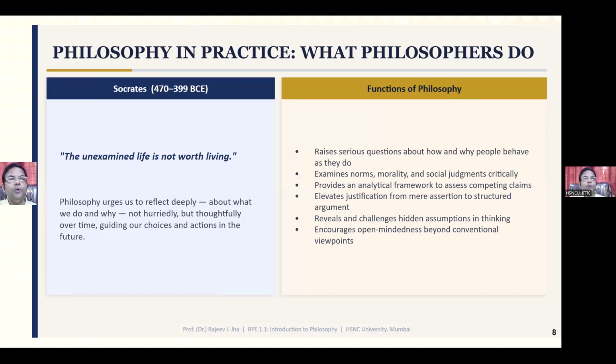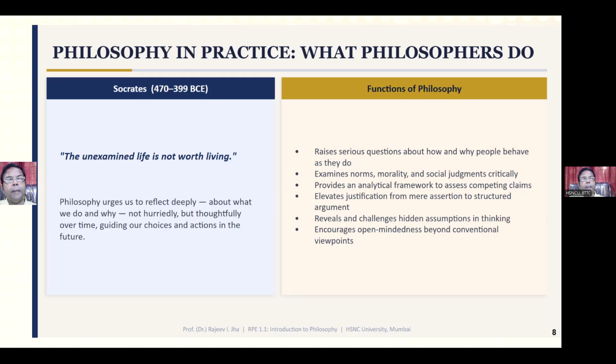This is one of the most quoted lines in all of philosophy. But what does it actually mean in practice? It means that we should not merely live, we should reflect on why we live as we do, what goals we pursue, and whether those goals are worthy.